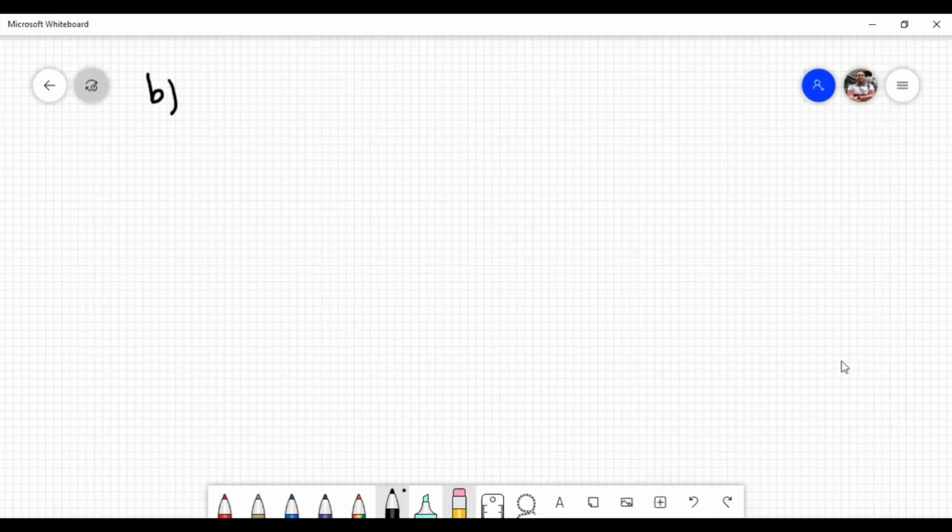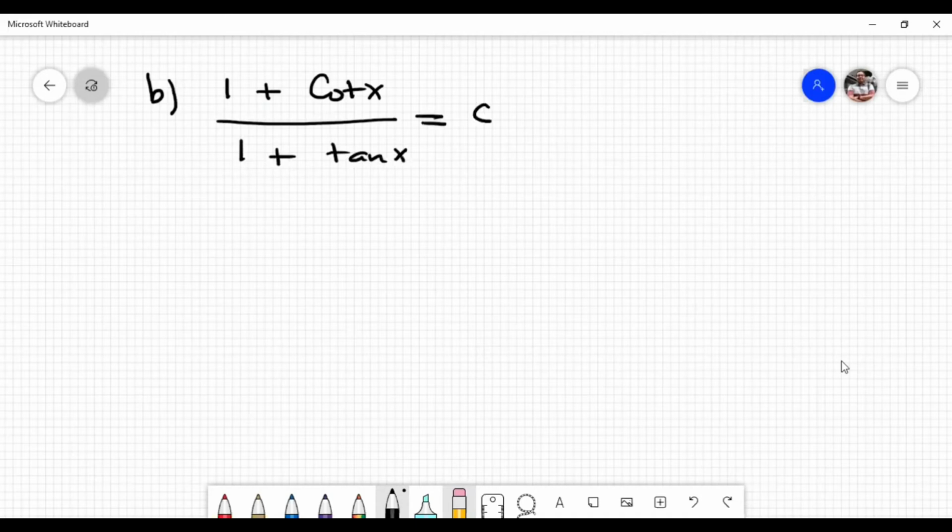Now we come to question B, the second question. Here I have 1 plus cotangent x out of 1 plus tangent x, which is cotangent x. Okay, so we try to prove this identity.